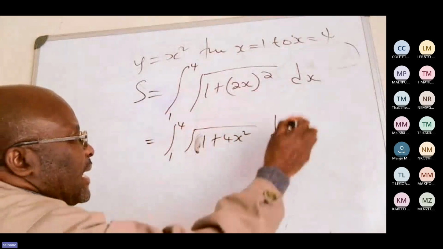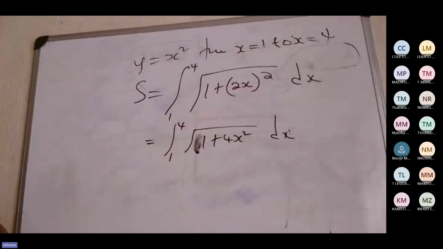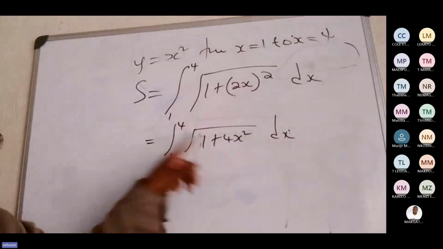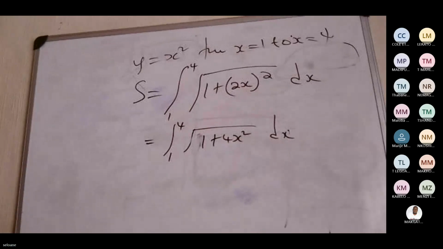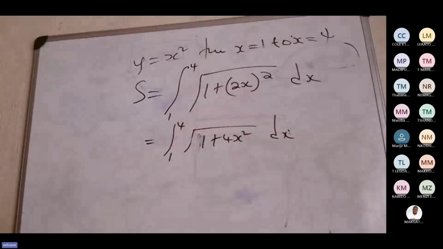As we have said, now the big elephant in the room, what is the integral of this, square root of 1 plus 4x squared? Is it going to be the general power rule? Integrating this, which technique will it be?